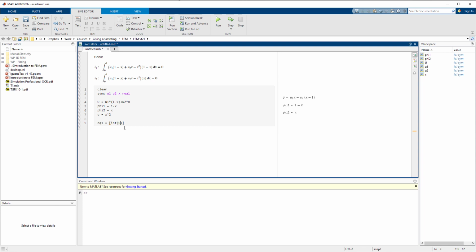I want to integrate u minus u, and then this stuff here, put that in parentheses, and multiply that by phi1, like so. I can get rid of that. And another parenthesis to close this up.